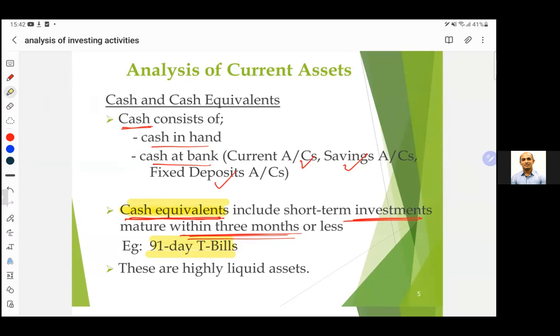It's very important. Some of your cash equivalents are not available to pay your current liabilities.